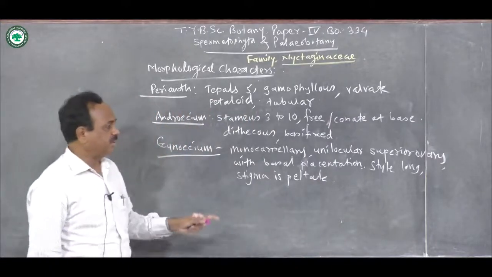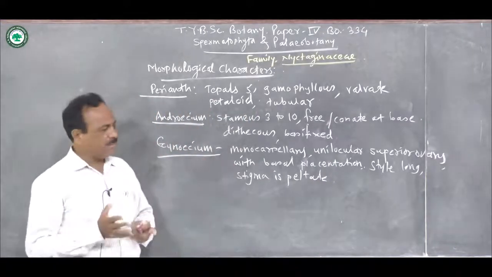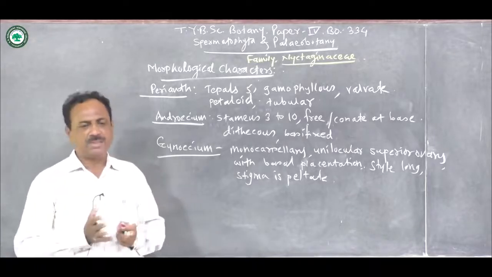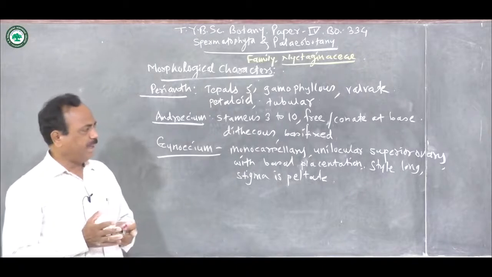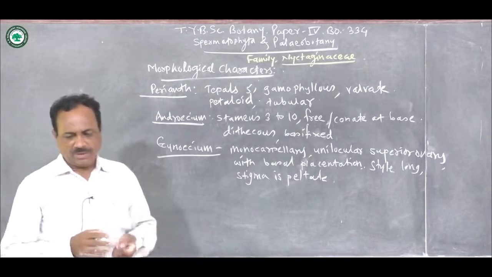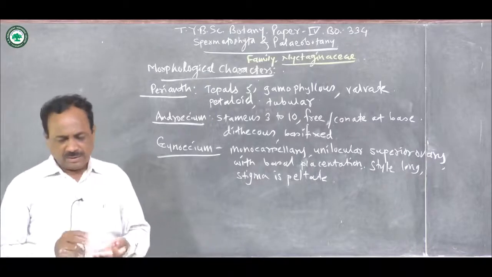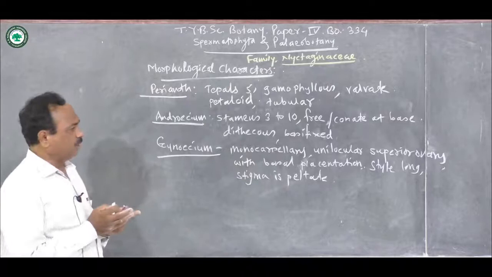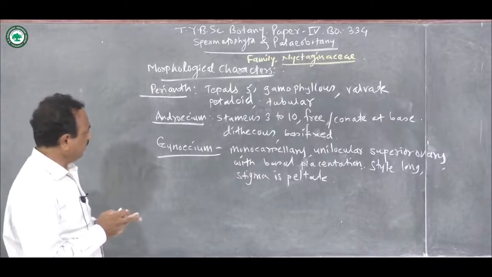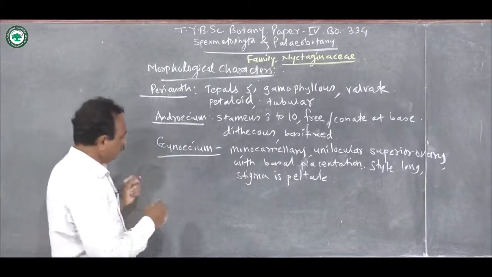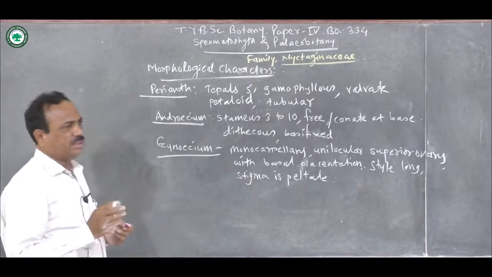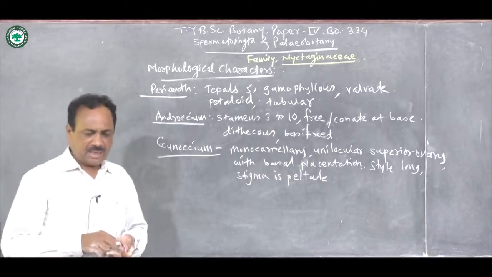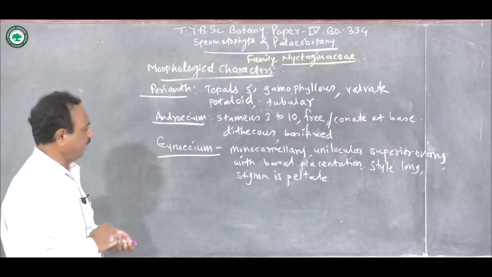Many times the perianth lobes form a covering to the ovary, and so there is a formation of a covering or involucre of the perianth surrounding the ovary. Due to this there is a formation of a false fruit or false pericarp, and it is known as the anthocarp.